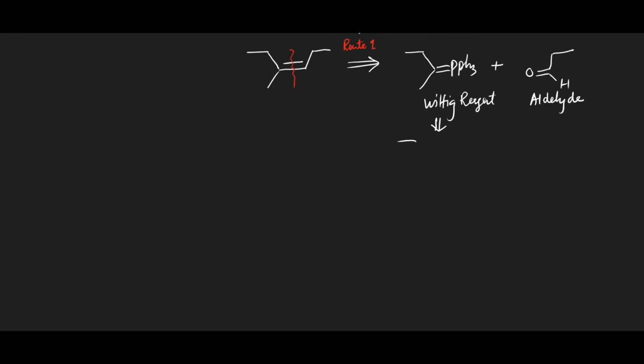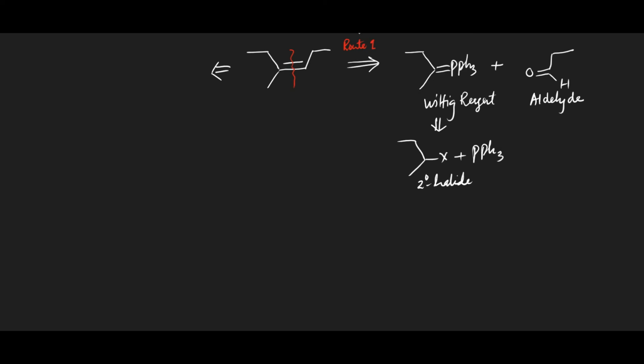Consider the retrosynthesis of this alkene. Again, two possibilities would be there. First possibility is, left side of the double bond comes from the Wittig reagent and right side from the carbonyl, which in this case is an aldehyde, propanal. The Wittig reagent can be shown to come from a secondary halide and PPh3.